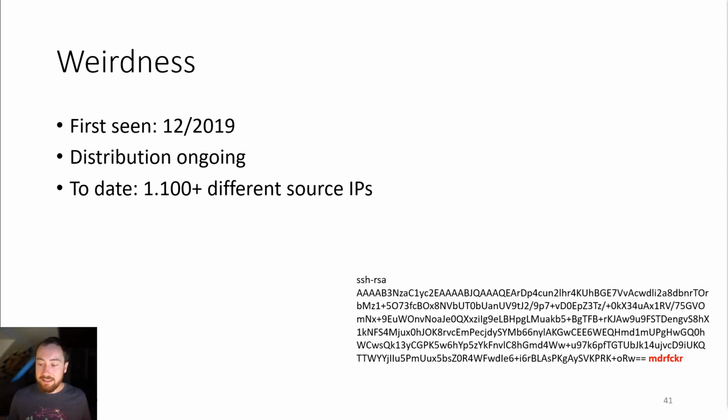I started seeing it roughly in December last year, and to this date I have caught it from more than 1,100 different source IPs. So if you find this in your infrastructure, maybe think about nuking most of your infrastructure.